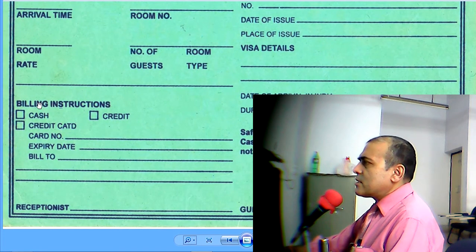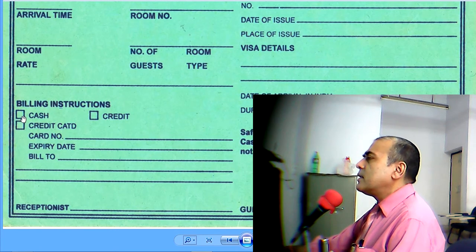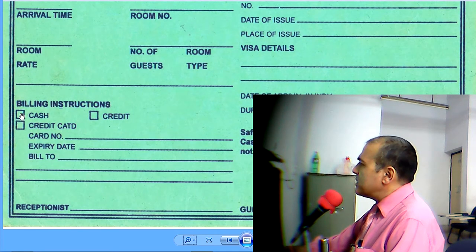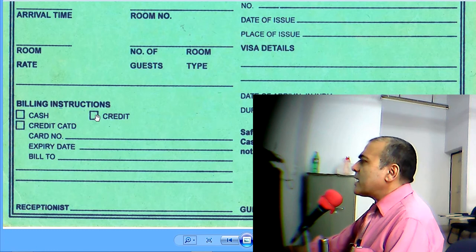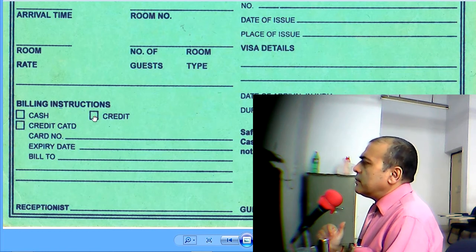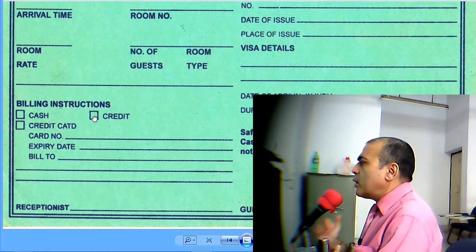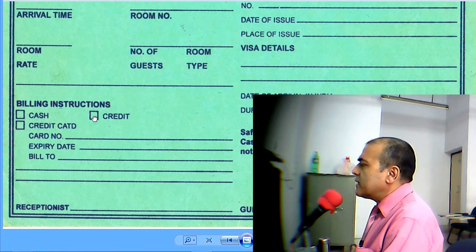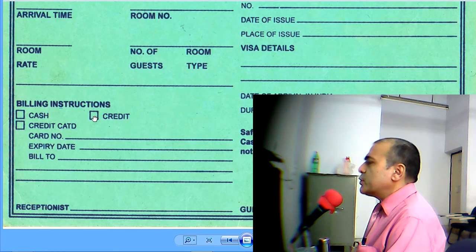Billing instructions, there are three modes here. One is cash, the guest decides to pay in cash. Credit is, it is not credit card is here. So this credit includes modes like bill to company, travel agent's voucher, meals and accommodation order issued by airlines, passenger service order issued by airlines.